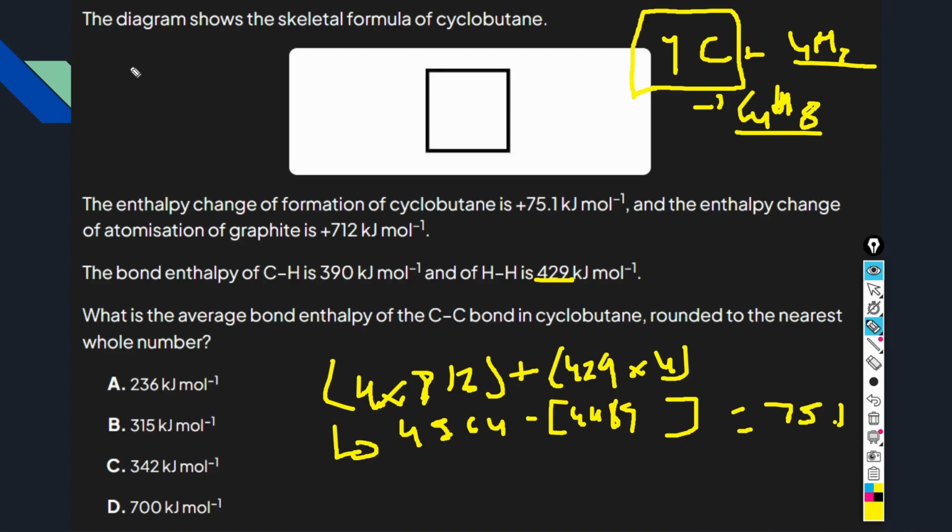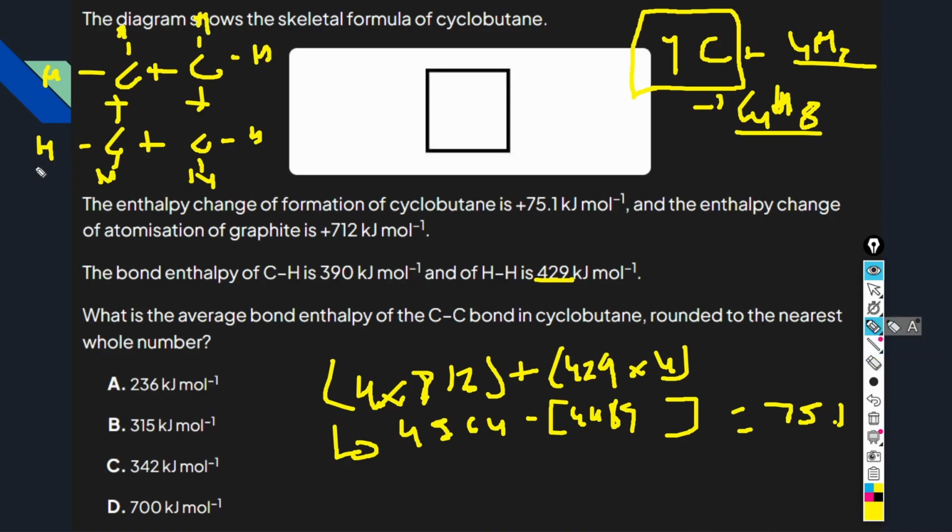Then let us draw the diagram of cyclobutane. We have C, C, C, C, and there will be an H bond here, here, here, and here, and so on. We know this is a diagram of cyclobutane, and we're breaking 1, 2, 3, 4, 5, 6, 7, 8 C-H bonds.